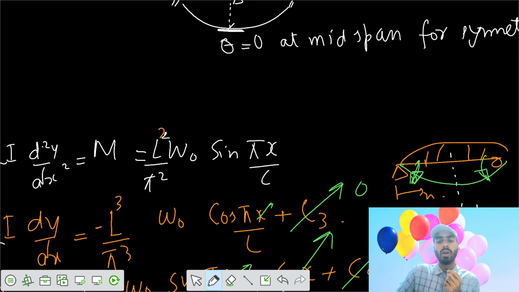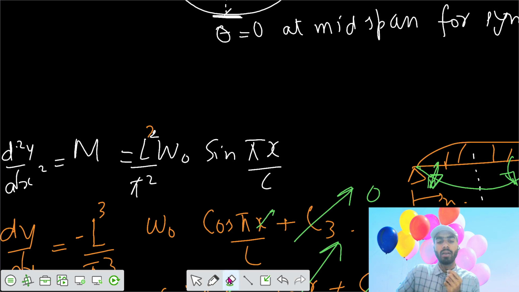Let's say you have two point loads acting on a beam, so your bending moment equation calculation becomes difficult, because the bending moment equation will vary in the spans, and we have to take different segments and solve individually. So the calculation becomes lengthy. So we avoid the double integration method for beams with varying moment equations.